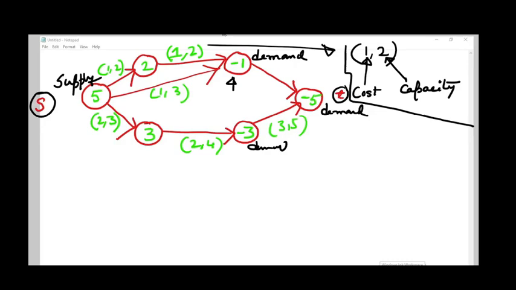Now this source node you have to connect to the starting nodes given in the min cost flow problem. Because this node has 5, the supply should be 5 here. Also you send to this node, the supply should be 2.